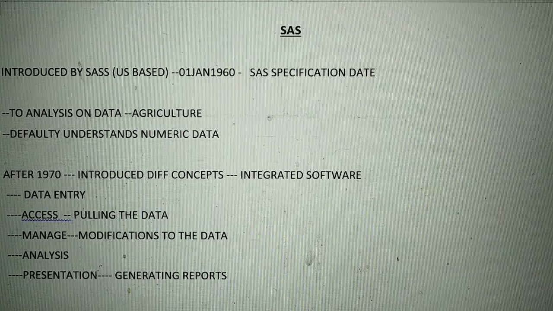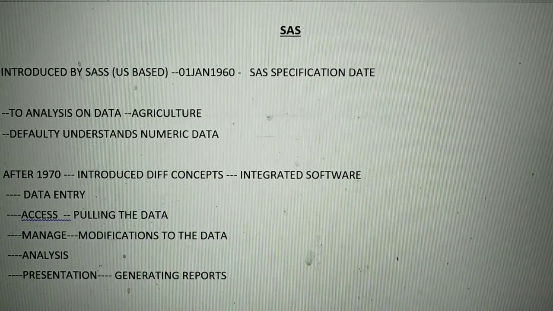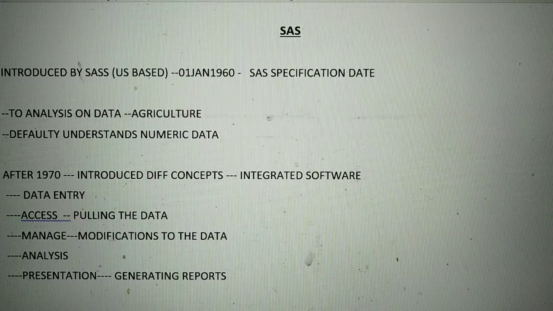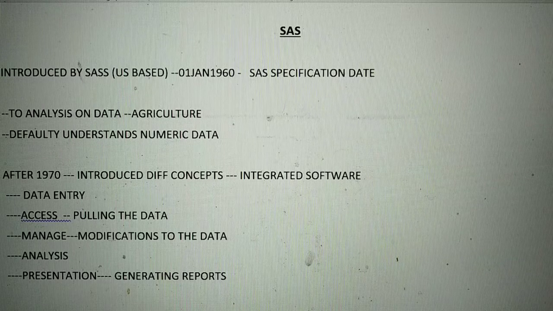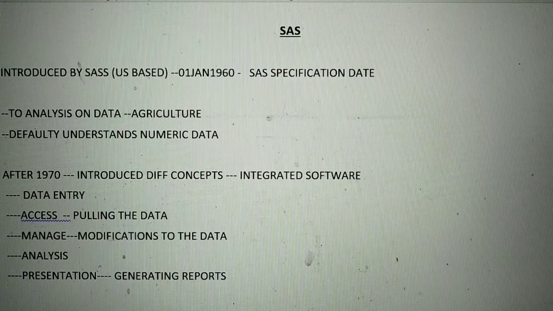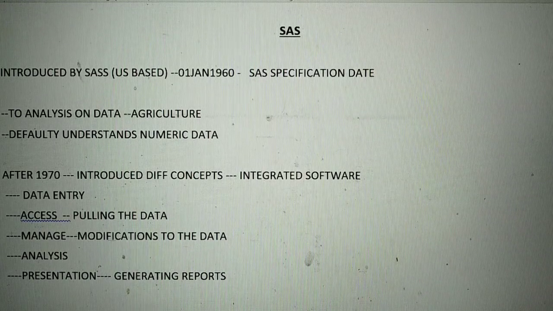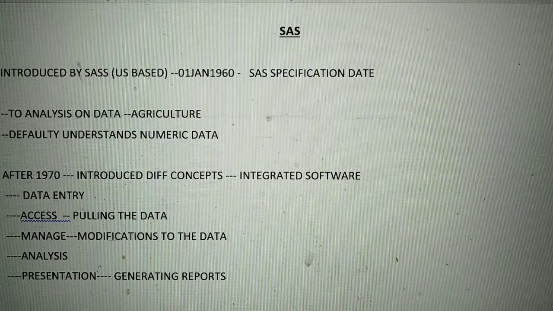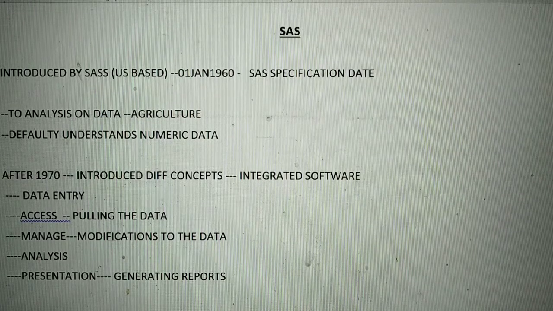They mainly developed this software to perform analysis on the data that has been generated through agriculture. Analysis is nothing but doing calculations, which will be done only on numeric values. So by default SAS will understand numeric data.